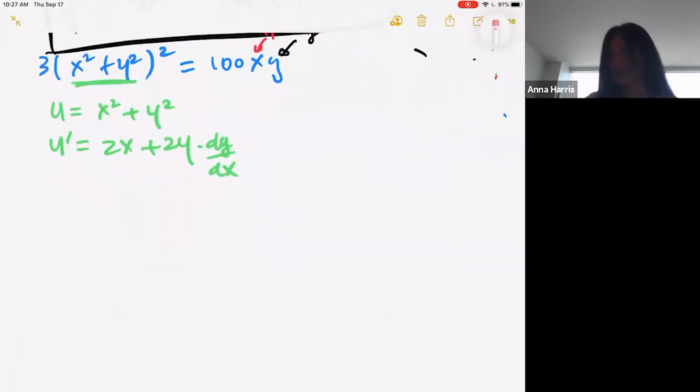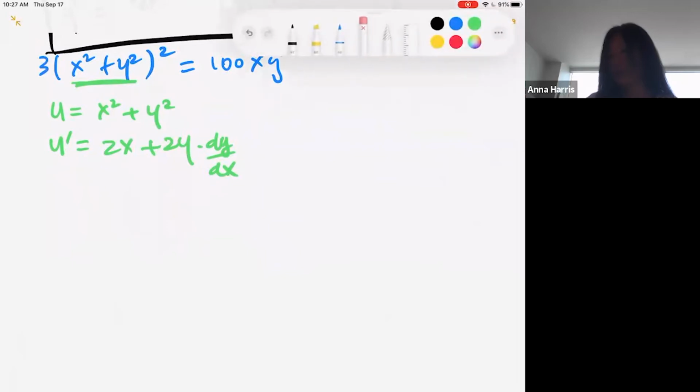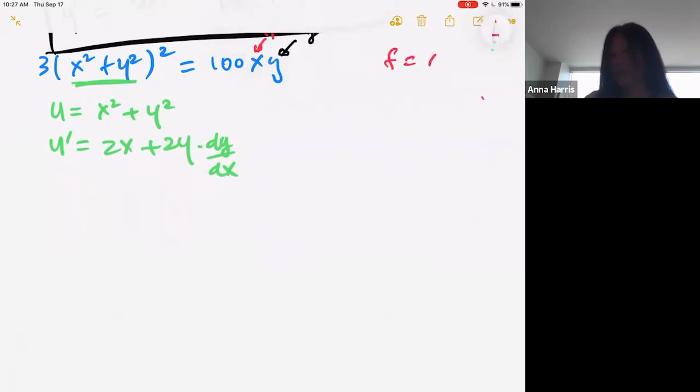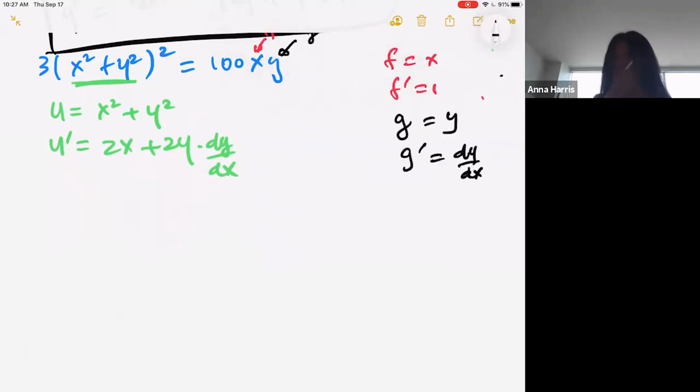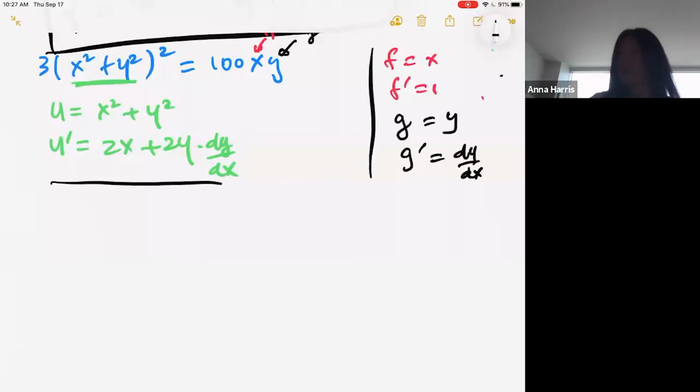Red one is f. So f is x, f prime is 1. I use g to be y, and g prime would be what? dy/dx. Remember this? So we got our preliminary work.